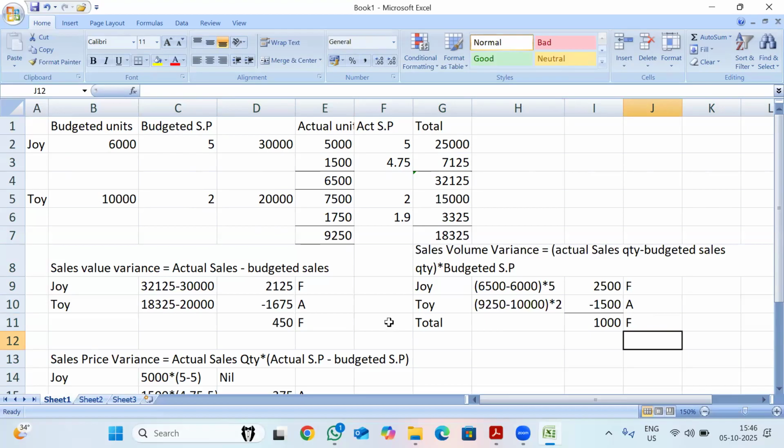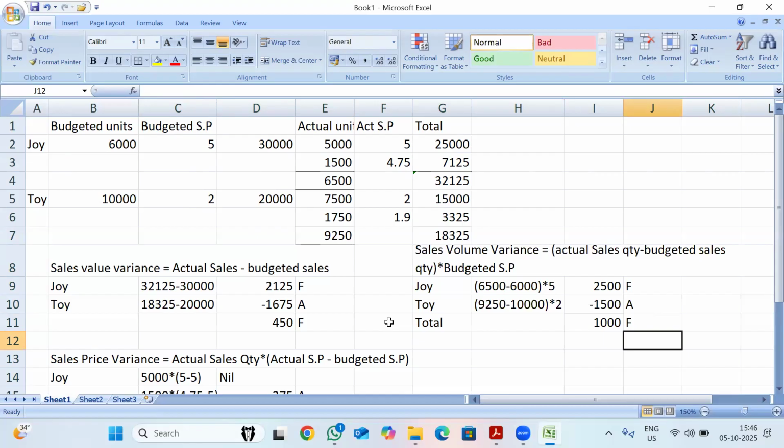So now let's move on to mix variance. Whenever we have two products, if it is in case of material, we need two kinds of raw materials, right? If it is in case of labor, we need two kinds of laborers, that is skilled, unskilled, or women, male, like that. So it should contain some combination.